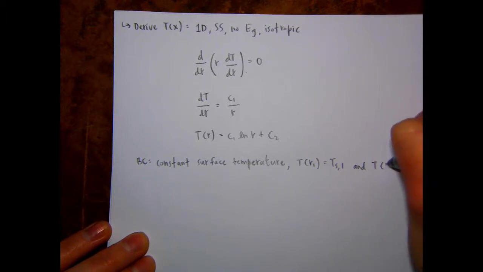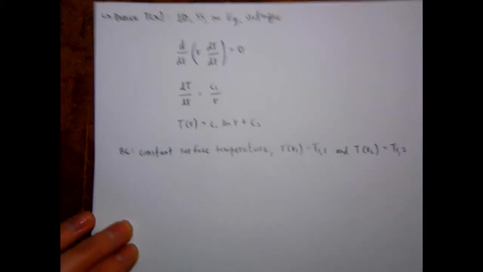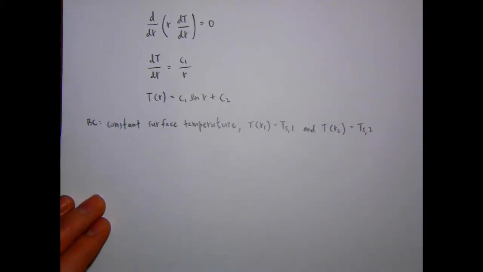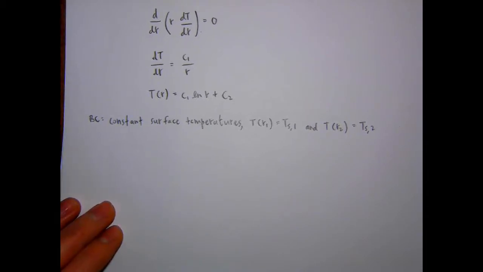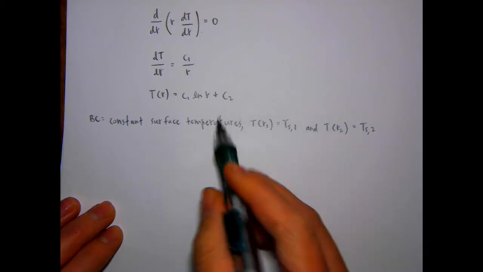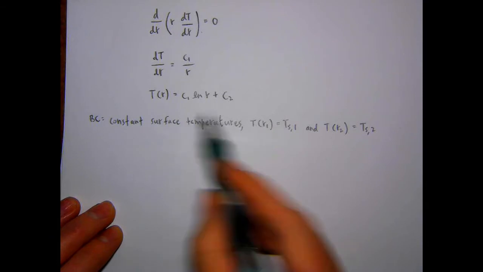And the temperature at R2 is TS2. Constant surface temperatures, plural. So now I won't go through all the math, but you can, just like we did before, apply these boundary conditions separately, and solve for C1 and then C2.